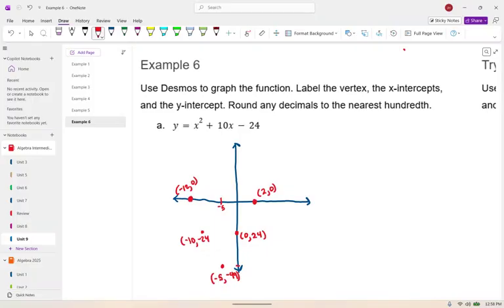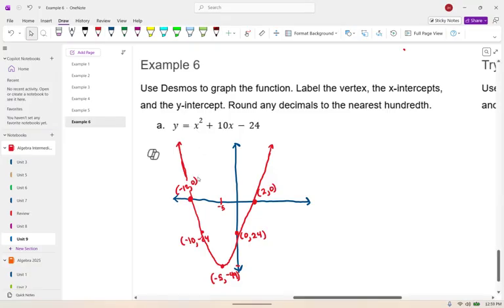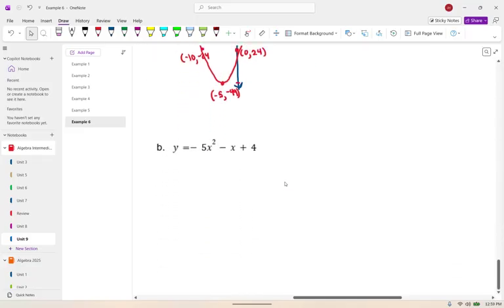We're going to go ahead and try our best to do a smooth curve going through all of these. Make sure that you go all the way through, that I can see the intercepts, and that the graph goes all the way up to the top of the coordinate plane. Okay, so that's going to be that one. Again, we've got 1, 2, 3, 4, 5 points that we got through Desmos, and that's it.